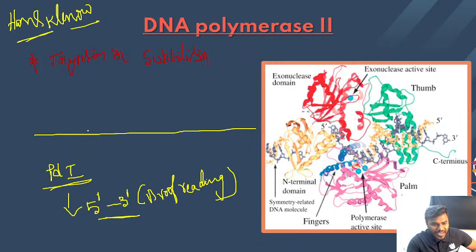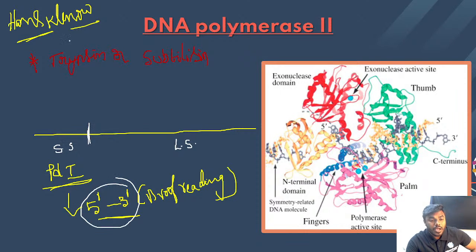By using the trypsin or the chemical subtilisin, he cut this DNA polymerase 1 enzyme into two segments: one small segment and another large segment. Now he understood everything very clearly. The DNA polymerase 1 enzyme performs an extra function, 5' to 3' proofreading.